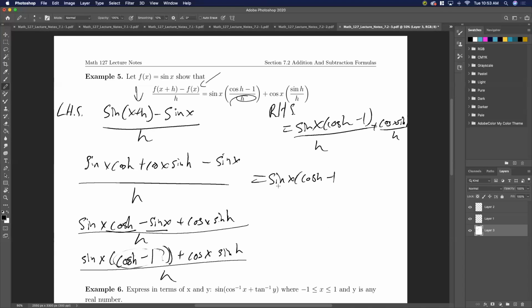There we go. So here I move the h and I multiply these two, so the h is just on the bottom. And since these both have h on the bottom, we can just add them up. Plus cosine of x sine of h all over h. And do these two match now? Yeah, and so we're done.